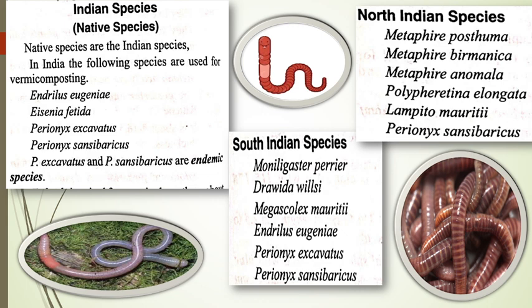Then if we talk about South Indian species, some lists are given, which include Moniligaster perrieri, Dravida willsi, Megascolex mauritii, Eudrilus eugeniae, Perionyx excavatus, then Perionyx sansibaricus. And if we talk about North Indian species, then Metaphire posthuma, Metaphire birmanica, Metaphire anomala, Polypheretima elongata, Lampito mauritii, Perionyx sansibaricus.